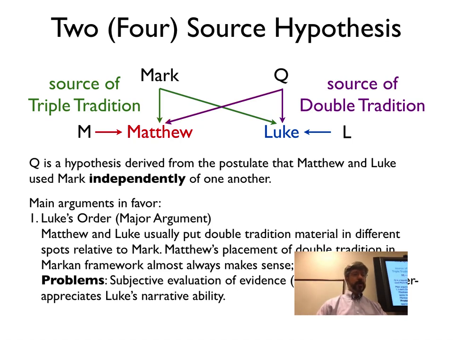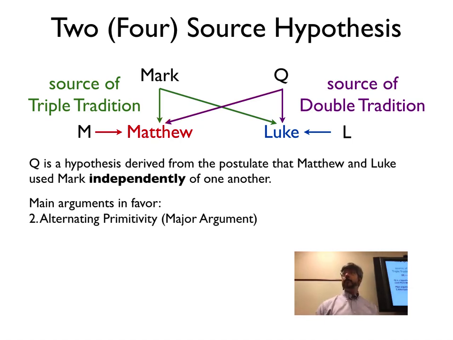But this is a major argument: if they do know each other, why are they most of the time putting this stuff in different spots? Okay. All right. Would it also suggest that they're from the same region? Possibly. That gets a little harder to judge just based on these kinds of things.